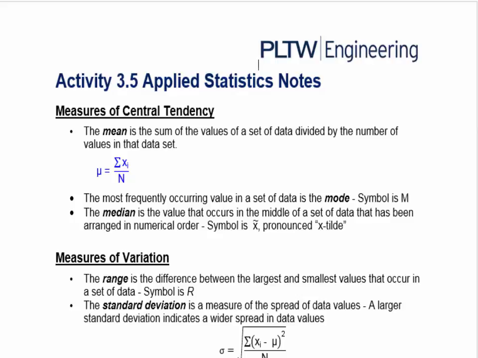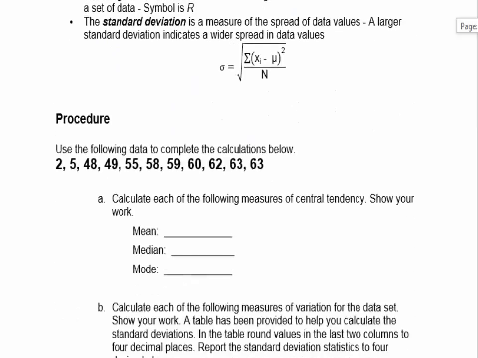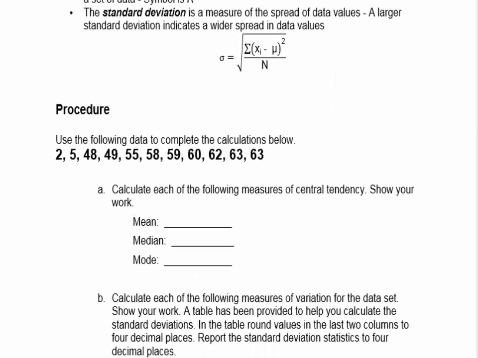Yes. What does tendency mean? If I tend to do something, I usually do it, right? What's central mean? The middle, the center, right? So a measure of central tendency means that this data set that we have right here, this data is centered around one of those numbers.